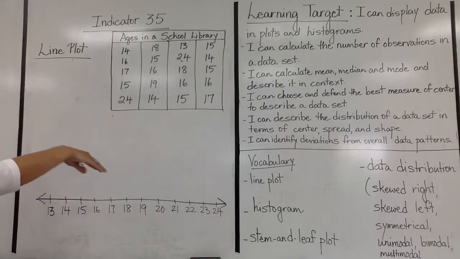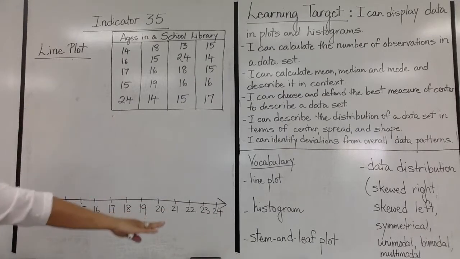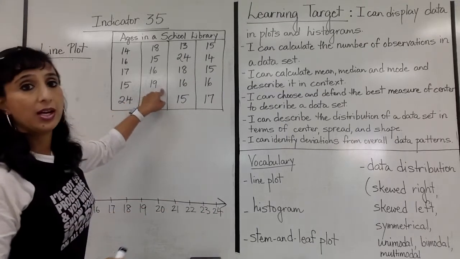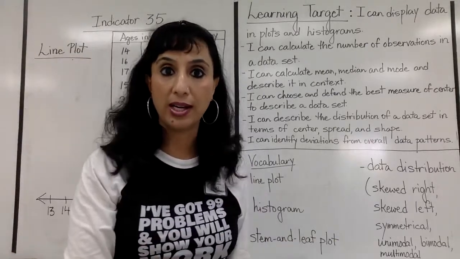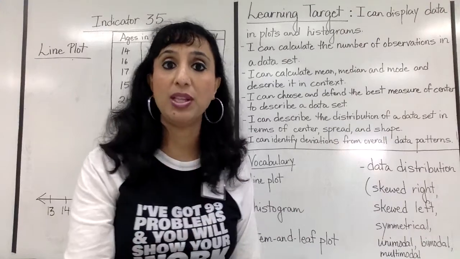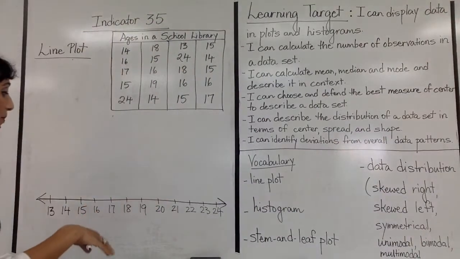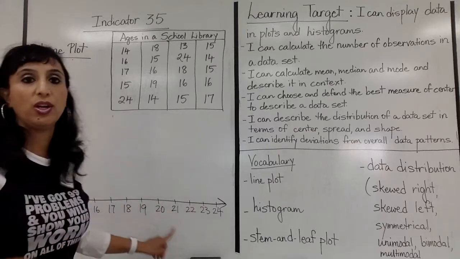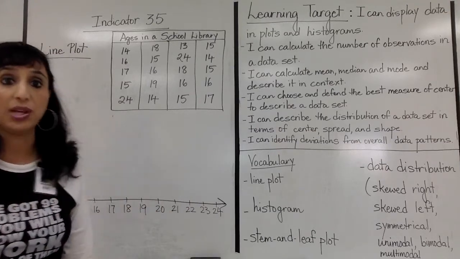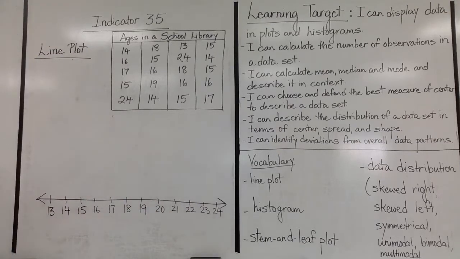Even if a number I put on the number line does not exist in the table, you cannot make it just disappear from the number line. Your intervals still have to be there and the same. You cannot jump from 21 to 24. Intervals have to be the same.